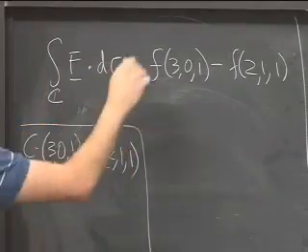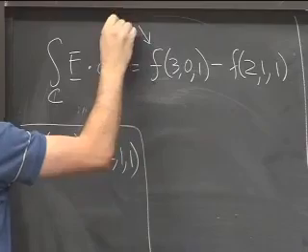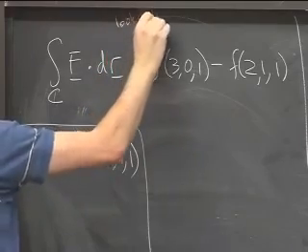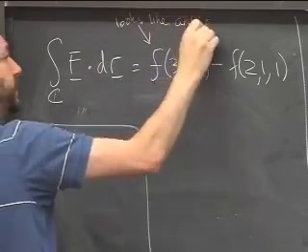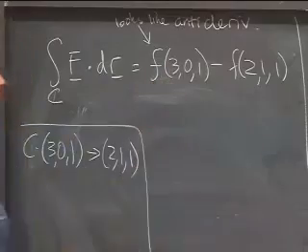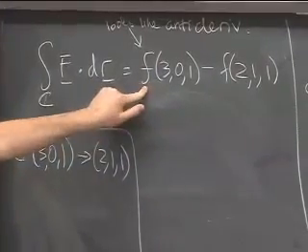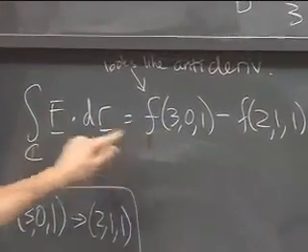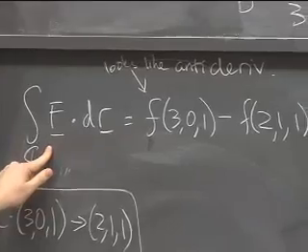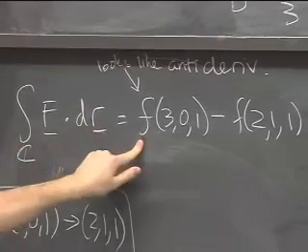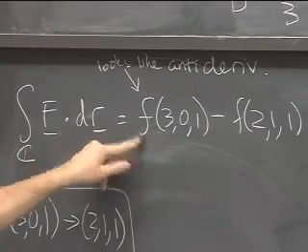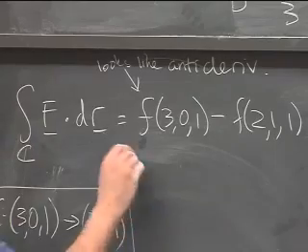Little f looks like an antiderivative. And it is. After all, the derivative of this, little f, is capital F. But when I say derivative, it's of course grad f. So it's a sort of weird derivative.